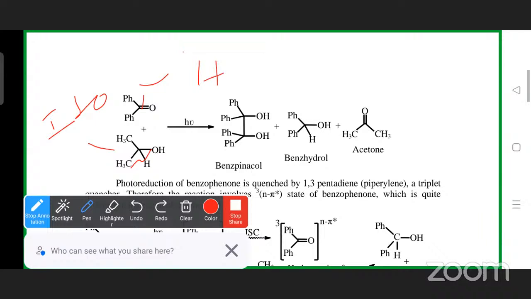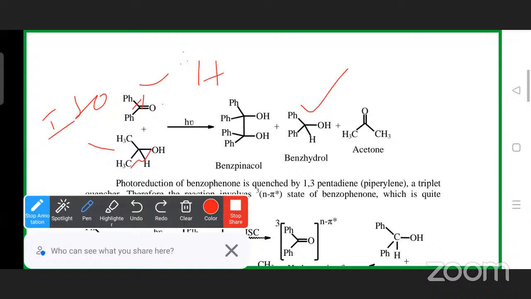So this is the benzhydrol due to the addition of the hydrogen radical to the radical on the isopropyl carbon and the oxygen. One hydrogen combines with the isopropyl carbon, and one more hydrogen adds to the carbonyl oxygen.